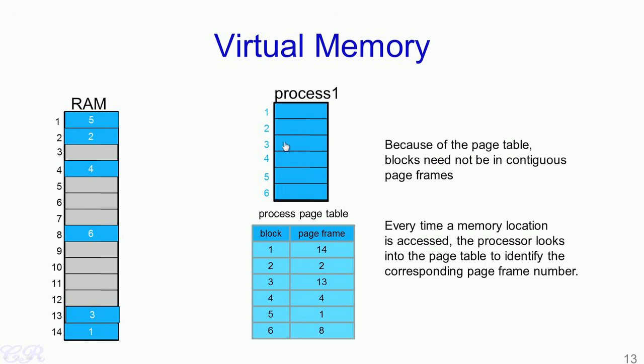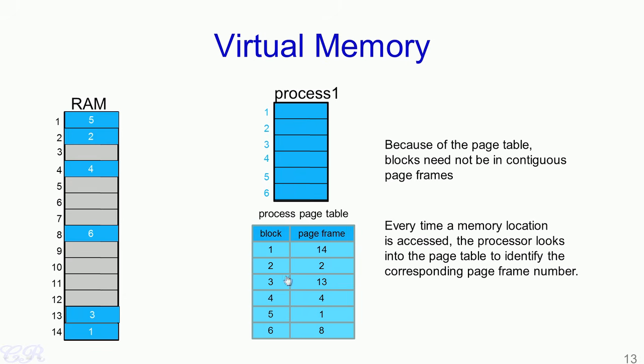When such an operation is executed, a memory management unit present in the processor intercepts this access, looks into the page table, and finds that the page frame which stores block number 3 is 13.